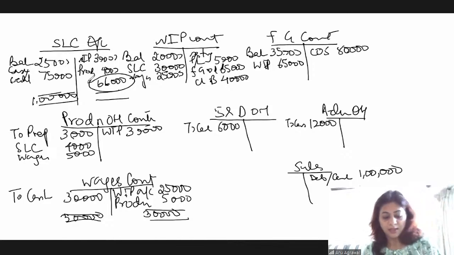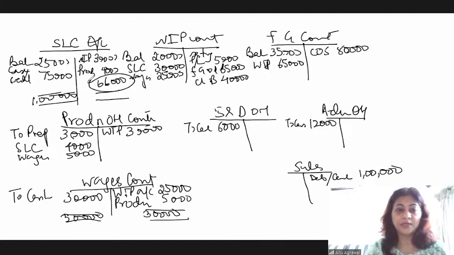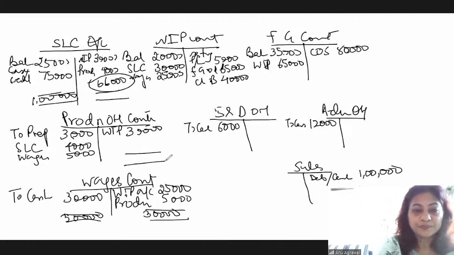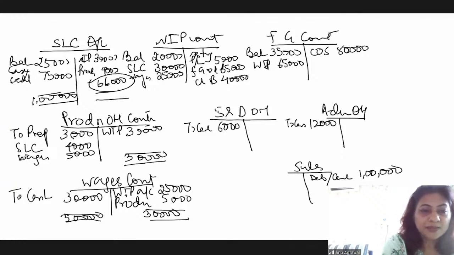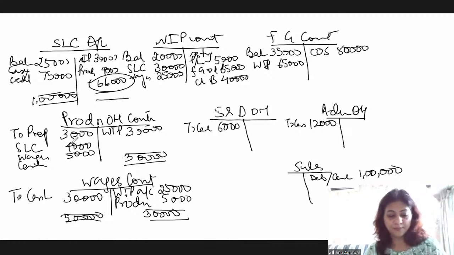Okay. Let's go down to the next account, the production overhead control account. 30,000. That means the cash incurred would have been 30,000 minus 3,000 minus 4,000 minus 5,000, 18,000.